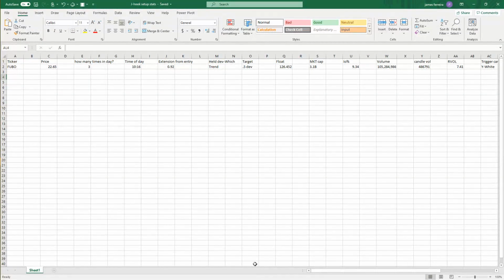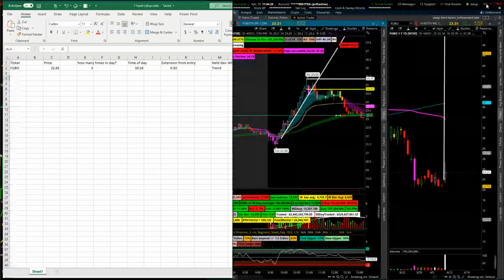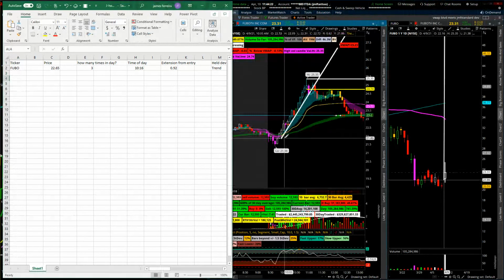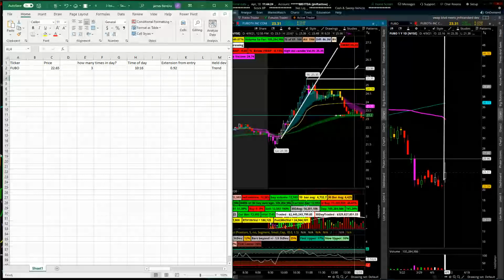Okay, let's look at this real quick. So we've got our price. We've got how many times in the day it happens, and the time of day that it happened. Extension from our entry was 92 cents on that first move. Actually, if I'm wanting to stay in this the whole move, our extension for the scalp was 92 cents, but what's the full extension of the move?